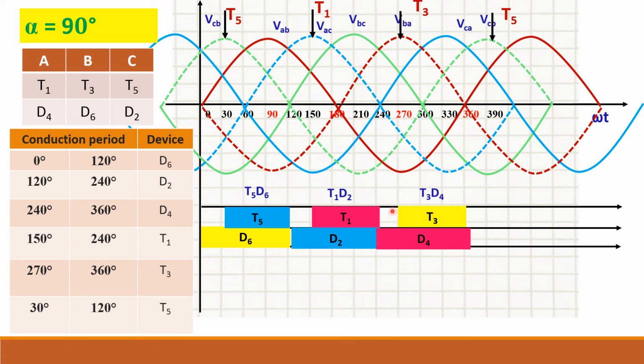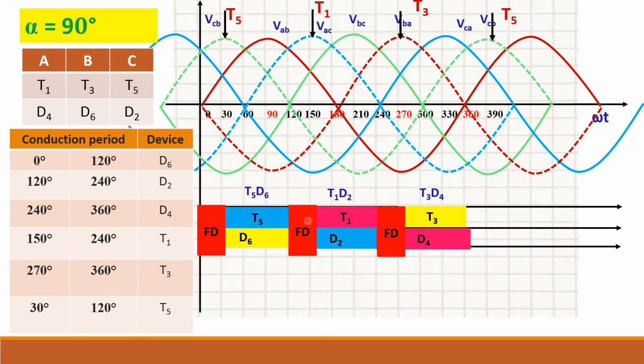In between, a current will flow in the circuit only when two devices are conducting, one from the upper device and one from the lower device. Now T1 has turned off. So what happens? This cannot carry the load current. In that case, the freewheeling diode comes into action.